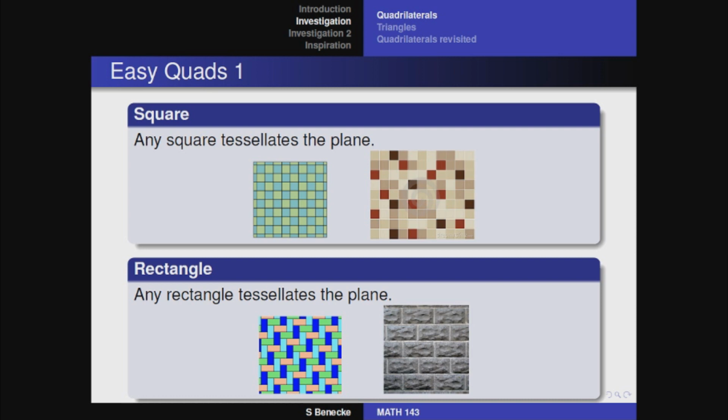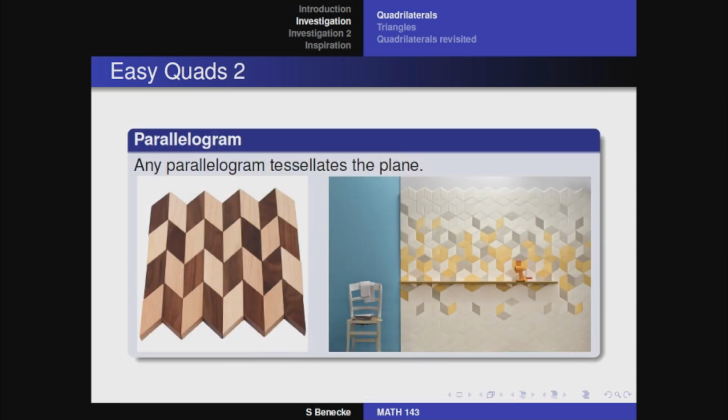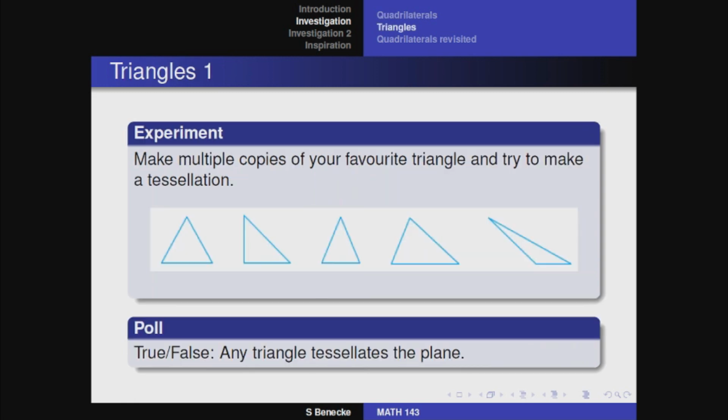So any rectangle will tessellate the plane as well. Stop me if you have any questions or comments. We've discussed the parallelogram, which can be made to look more interesting, but it's still one parallelogram that tessellates the plane. Now, the triangle.